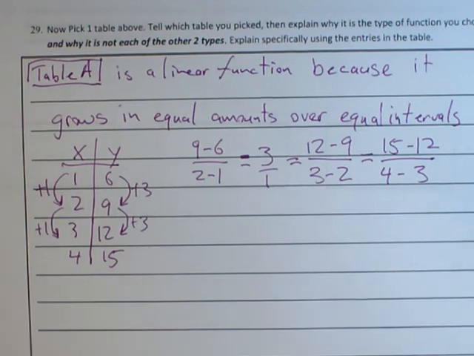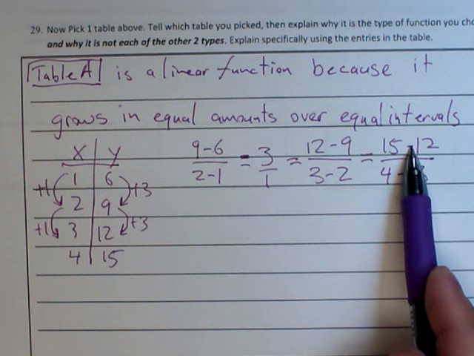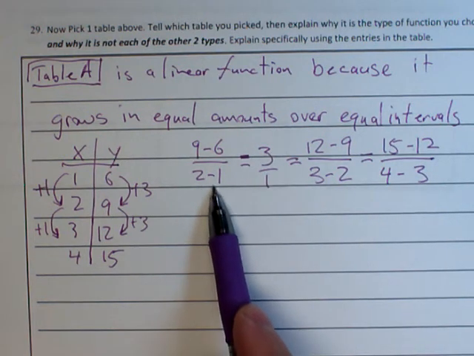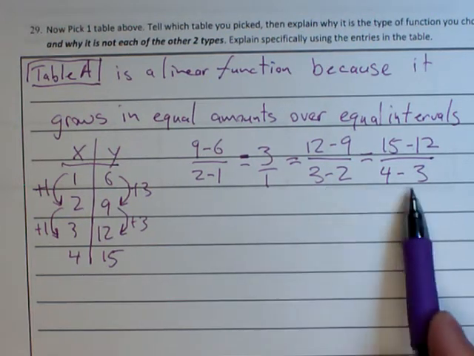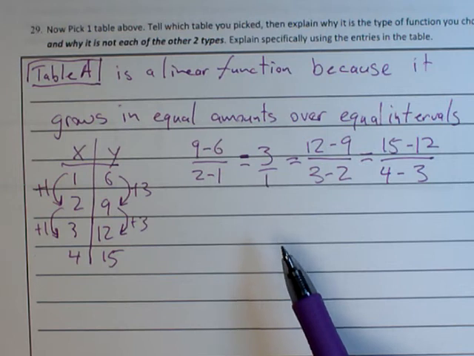I'm going into a lot of detail because they're asking me to explain specifically using entries in the table. I'm showing that these changes in y are constant. They're all 3. And the changes in x are constant. They're all 1. So it's equal amounts over equal intervals.